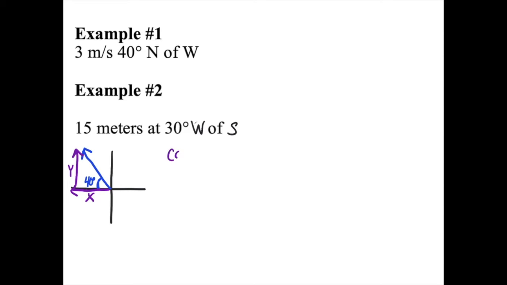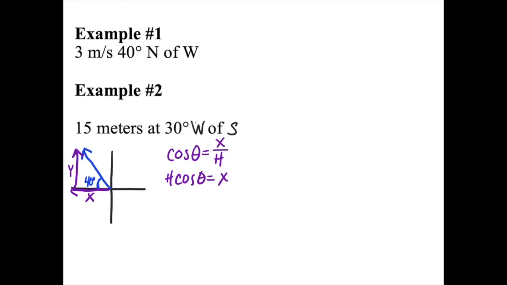Normally cosine of your angle equals, in this case, the X side over your hypotenuse. I'm going to rearrange this and bring my hypotenuse over to be hypotenuse cosine theta equals X. And the same thing for Y, just replace the X with Y and cosine with sine.